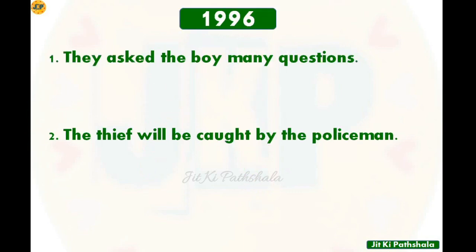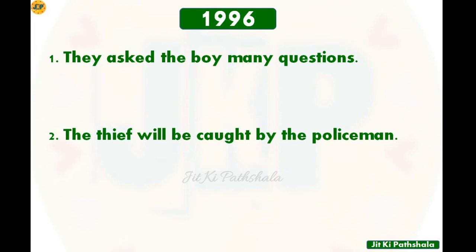So the first question from 96 is, they asked the boy many questions. Here the sentence is in past indefinite form. That means the form is subject plus second form of verb plus object. Here the subject is they, the verb is asked, and many questions is the object.